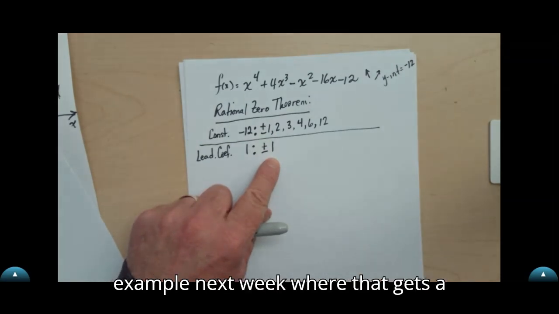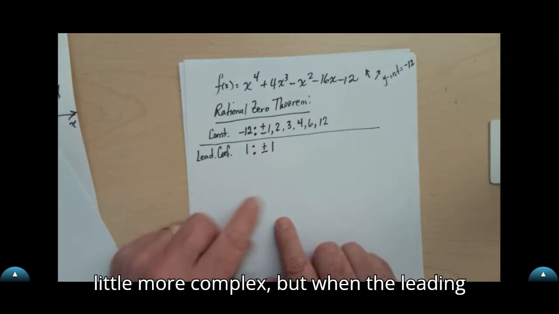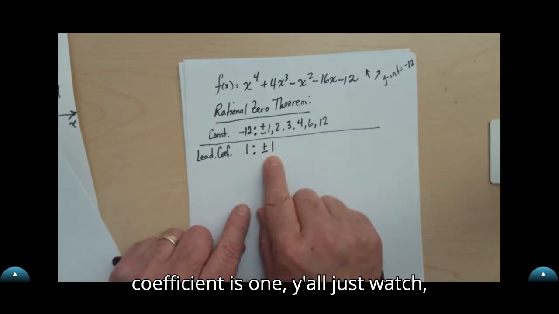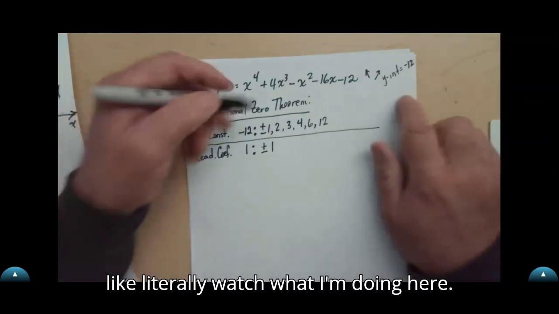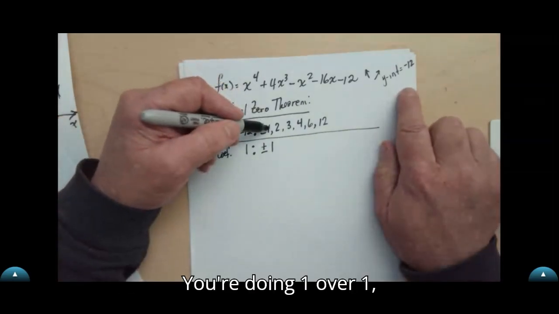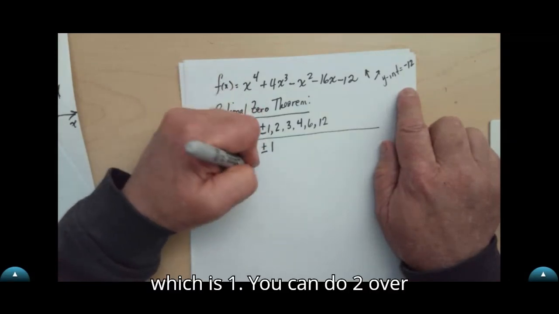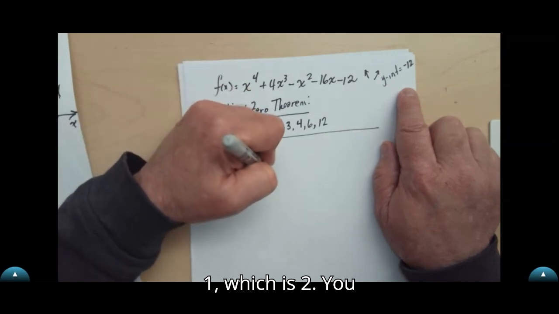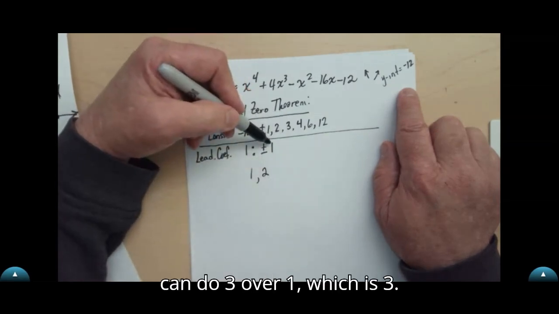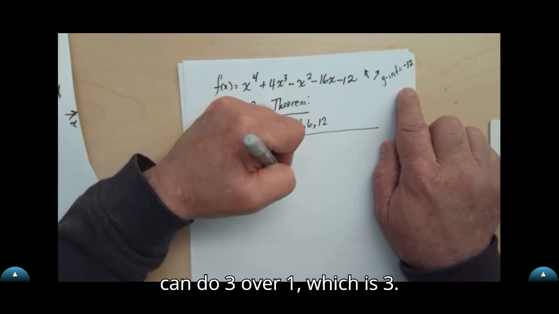Now, we'll see an example next week where that gets a little more complex, but when the leading coefficient is 1, y'all just watch what I'm doing here. You're doing 1/1, which is 1. You can do 2/1, which is 2. You can do 3/1, which is 3.